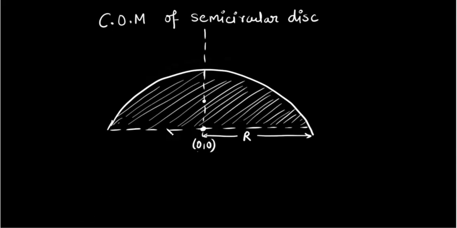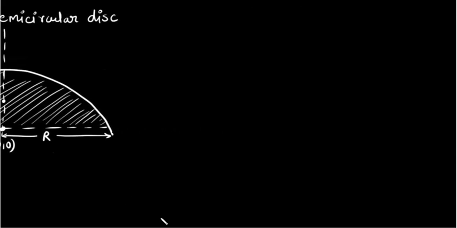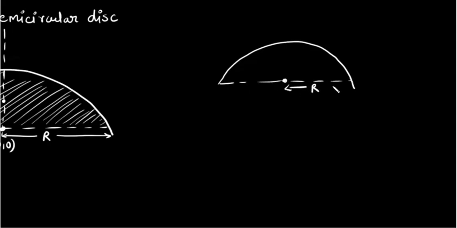But before we find the center of mass of this semicircular disc, I want to go back and recall that we have already found the center of mass of a semicircular wire. If you remember from the previous video, for a semicircular wire of radius r, its center of mass is at 2r by pi height from the origin, or from the bottom.